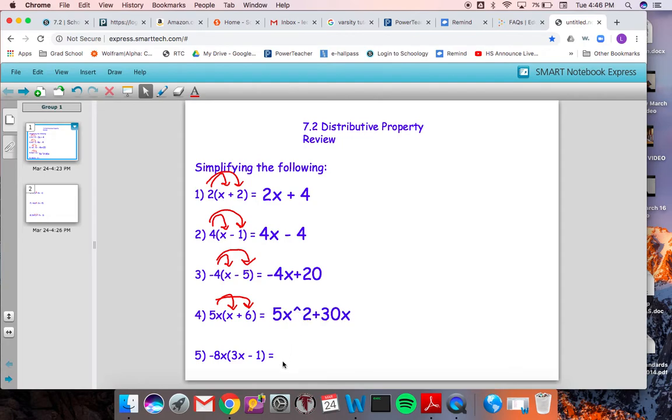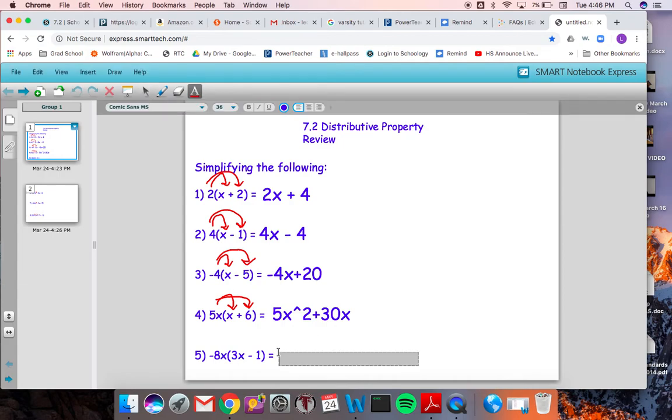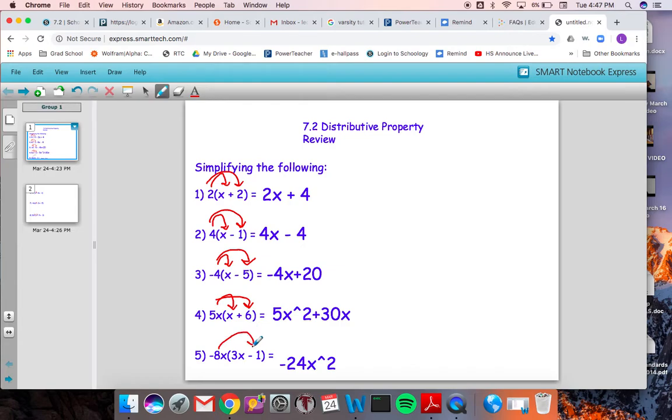Right? Okay, this one says negative 8x times the binomial 3x minus 1. It's going to be negative 8x times 3x. Negative 8x times 3x is negative 24x squared. Then I have negative 8x times negative 1.